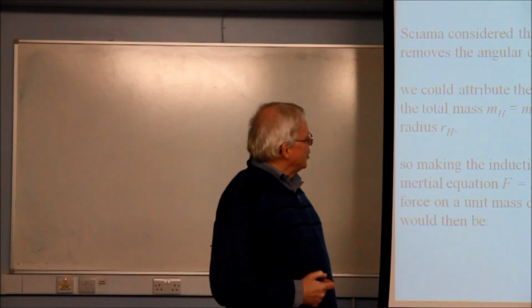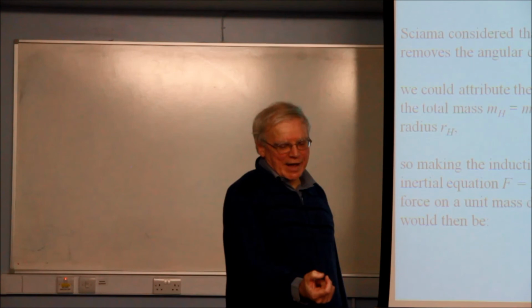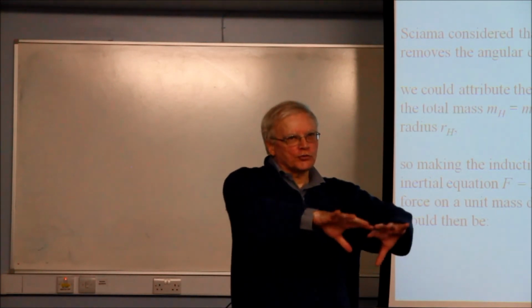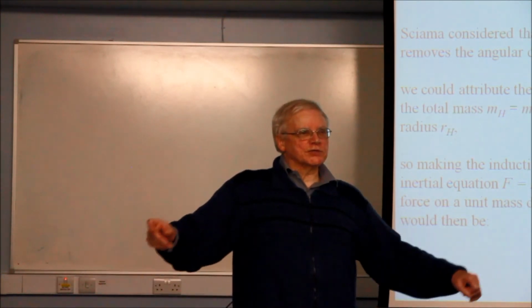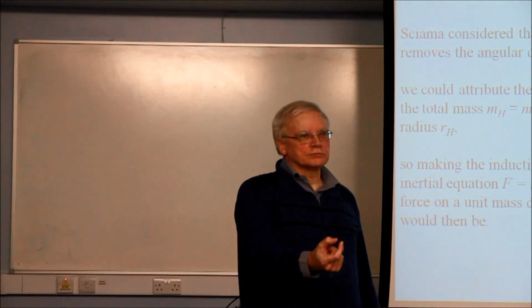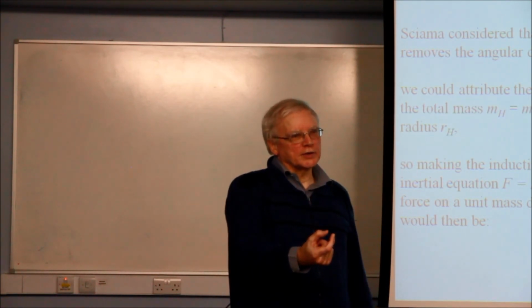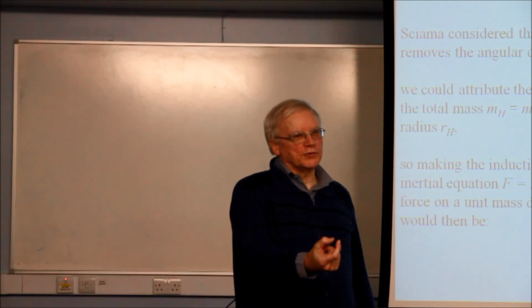So if you've got a body of mass m, you could attribute that to the inductive force caused by the totality of masses in the Hubble universe within its event horizon, because this is a velocity-of-light dependent force, so it must be within the event horizon.